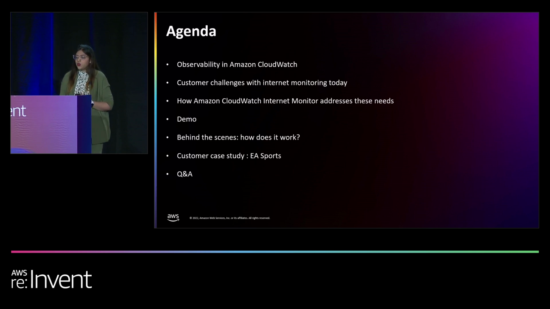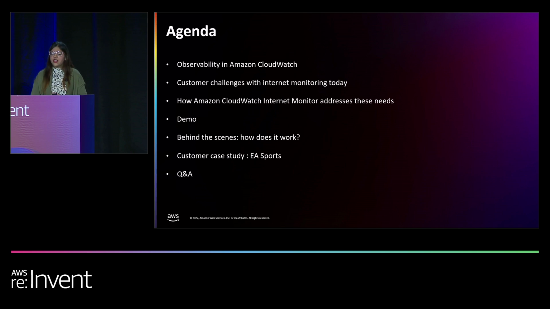Harvo will then take you to the journey behind the scenes and explain how does it all work. Finally, Peter Wido will share EA Sports' journey with Internet Monitor, and together we'll review the new capabilities that we have introduced this year. We should have some time towards the end for Q&A, so keep your questions ready.